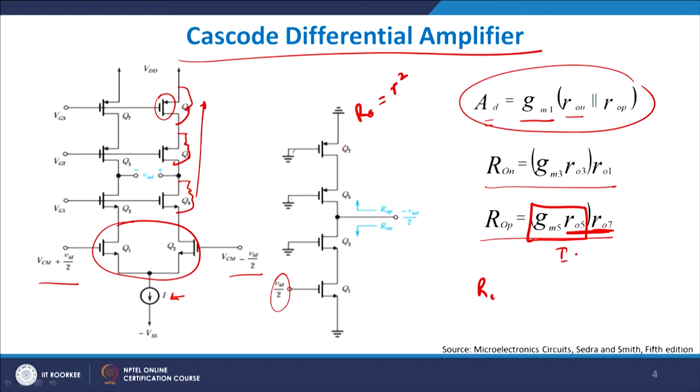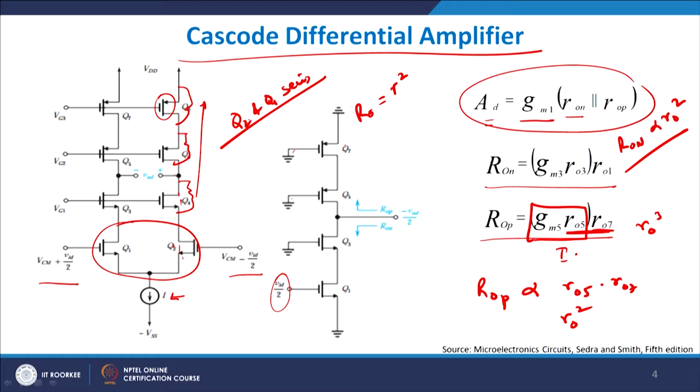ROP is proportional to RO5 into RO7, which, if I assume them to be equal, I get RO square. When you do triple cascode, I will get RO cube. Similarly, RON will be proportional to RO square, because there are two transistors in series with each other. So, Q2 and Q4 are in series and they are NMOS, and therefore I get this much.